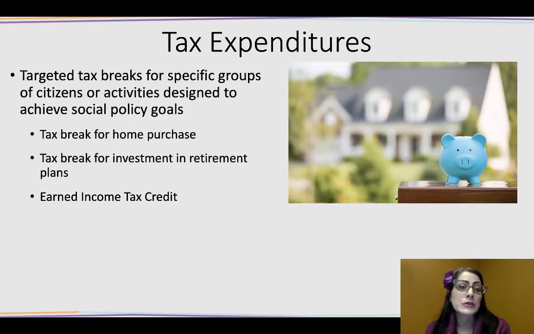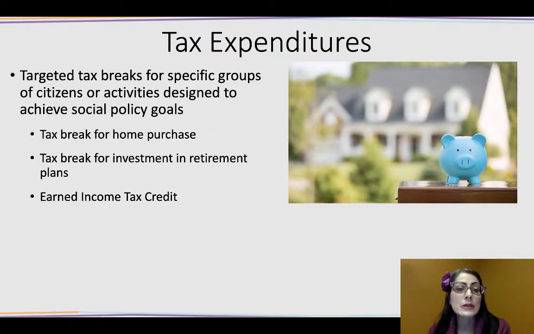Tax expenditures. This is targeted tax breaks for specific groups of citizens or activities designed to achieve social policy goals. Examples of these are tax breaks for home purchases, tax breaks for investments and retirement plans, or the earned income tax credit.